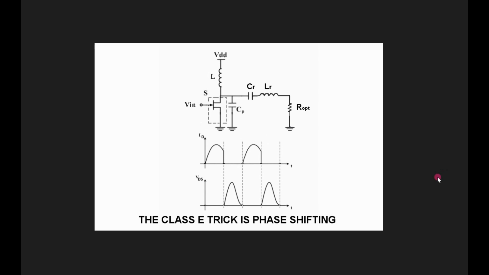We're phase shifting the voltage so it's later and doesn't coincide with the current pulse. So basically we are juggling energy from L to C, L to C, L to C, and these two components are simply a resonant circuit and an optimum load that allow the L to C to be exactly at the right place. So that's why you need all of these devices in order to make a good Class E stage.